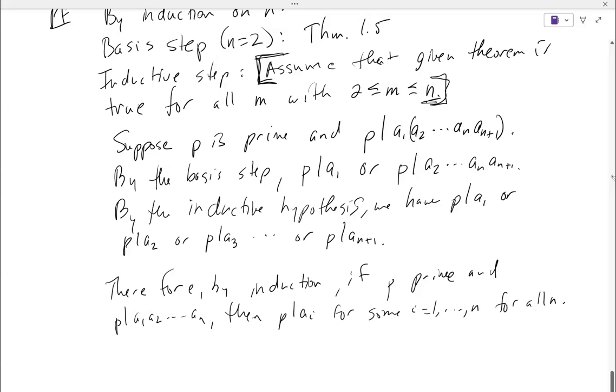Again, not a big end-all be-all of theorems, but I did want to remind you about how induction works.